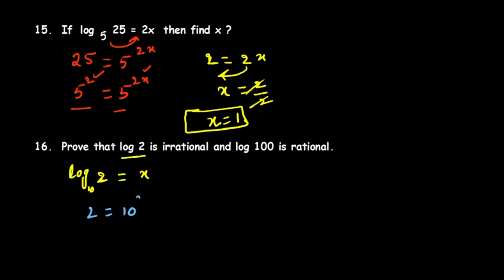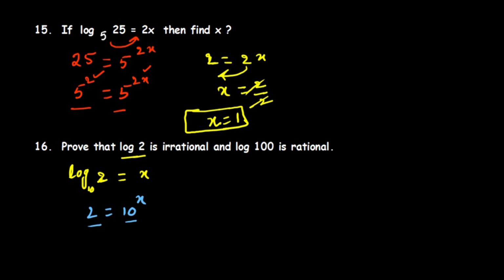Here there is no number to satisfy this condition, because on the left hand side we have the base as 2 and on the right hand side we have base as 10. So this 10 we can't write as a product of 2s, that means as 2 power something.